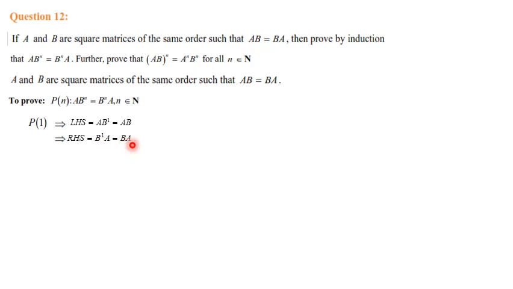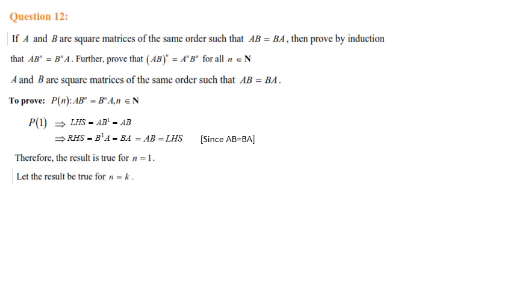But we know that BA and AB are same according to the given condition. So we can write simply AB, that is equal to LHS, by using the given condition AB is equal to BA.